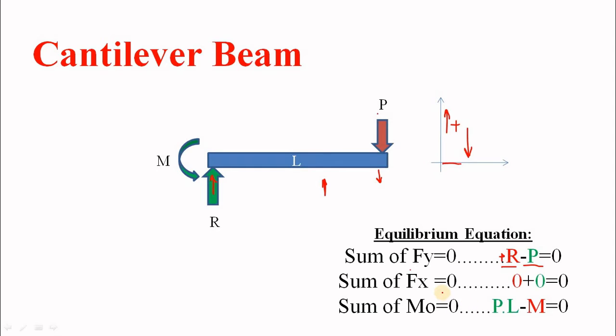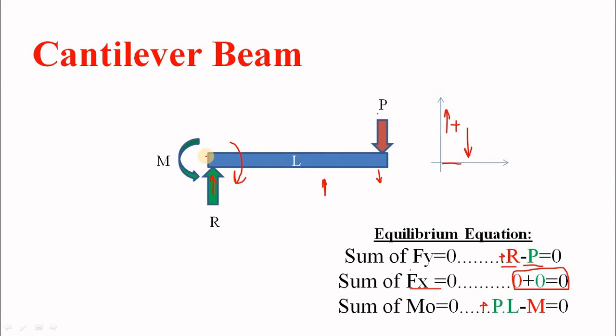Again, summation of horizontal forces should be 0. There are no such forces, so everything is 0 here. And the last one is summation of moment is 0. What is the moment produced by P here? Simply like this, and it is clockwise, and we will assume that clockwise moment is positive. That's why PL is positive.